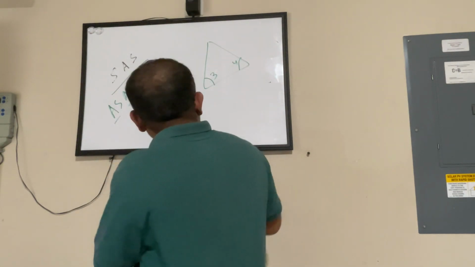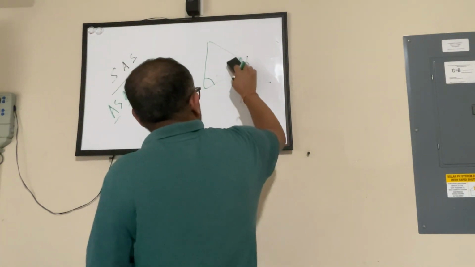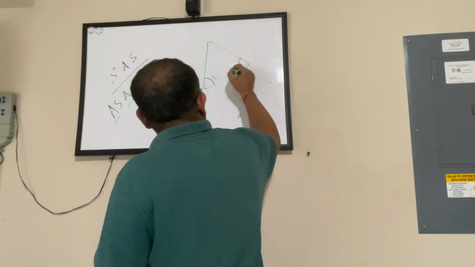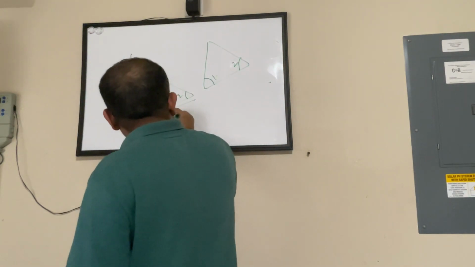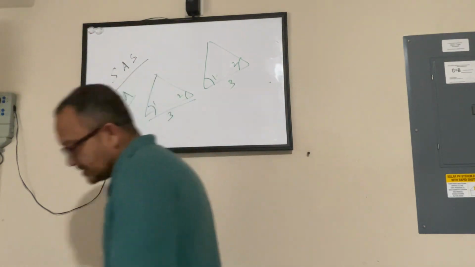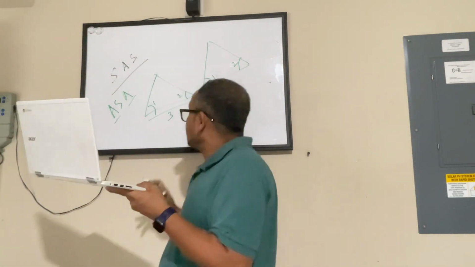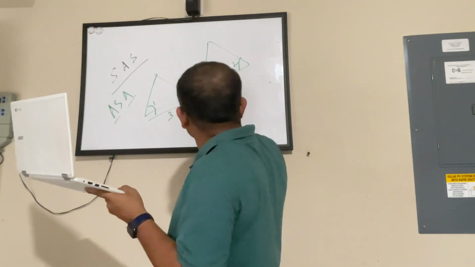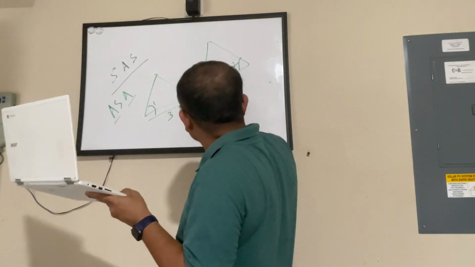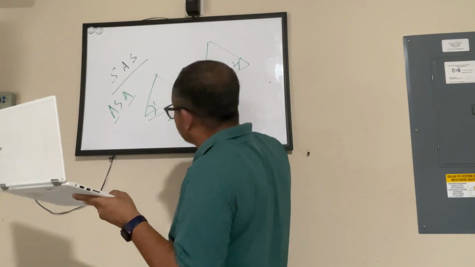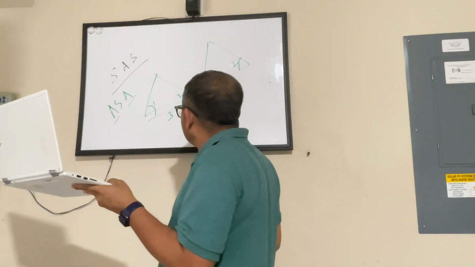Or let me write this as 1, 2 only, and this is 3. Okay. So now let's look at these two triangles. In these two triangles, angles 1 and 2 are matching, and the side between the two angles is also matching.